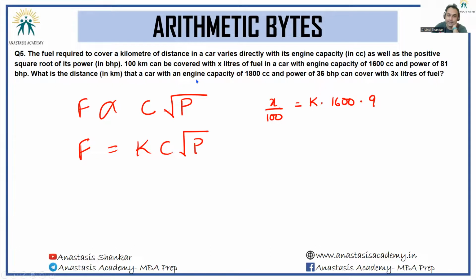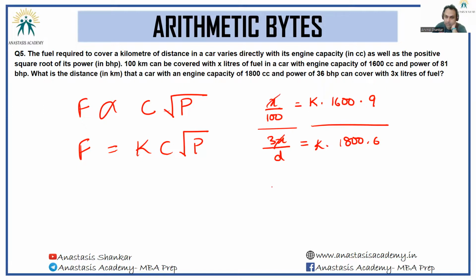What is the distance that a car with an engine capacity of 1800 cc with a power of 36 bhp, so 6, K will be the same, can cover with 3x liters of fuel? Distance is what we are seeking. Let's call that D. These two equations we have. I'm dividing the first equation by the second equation.